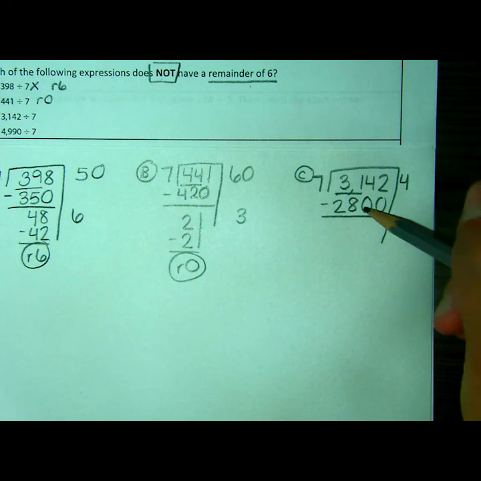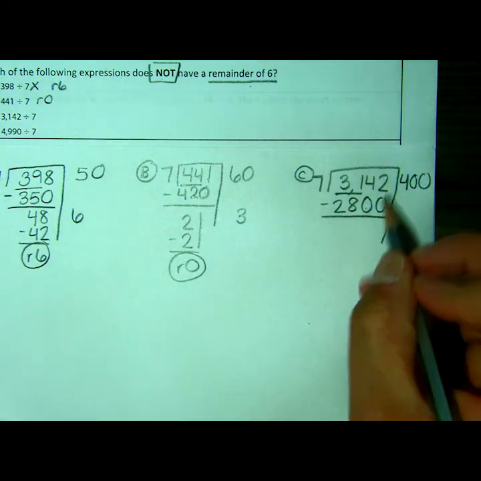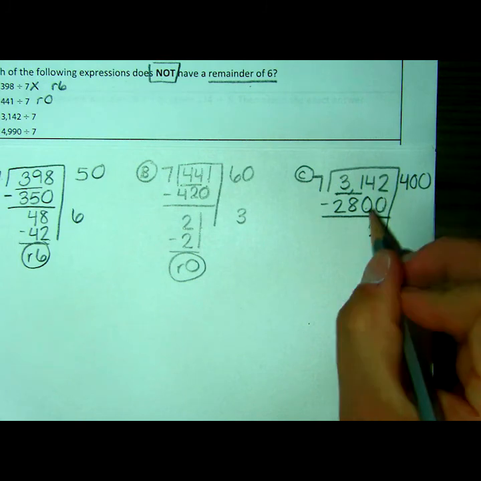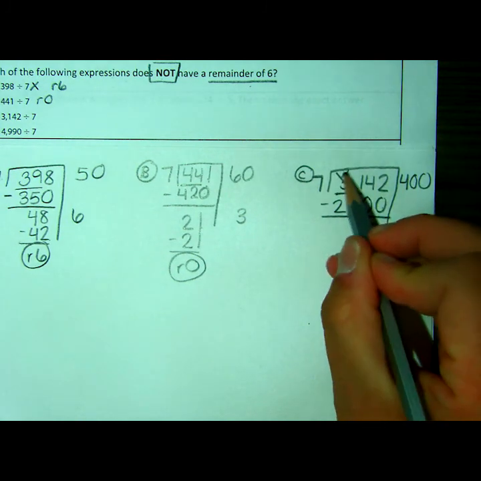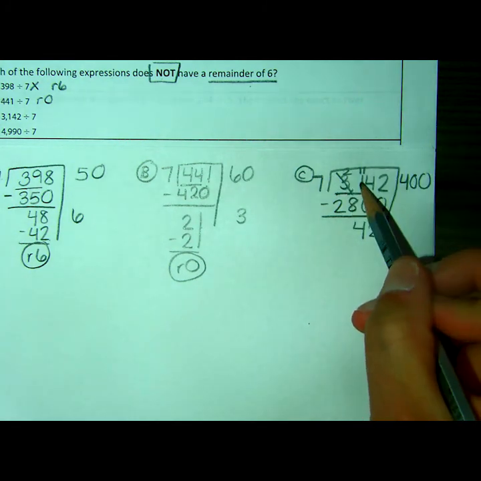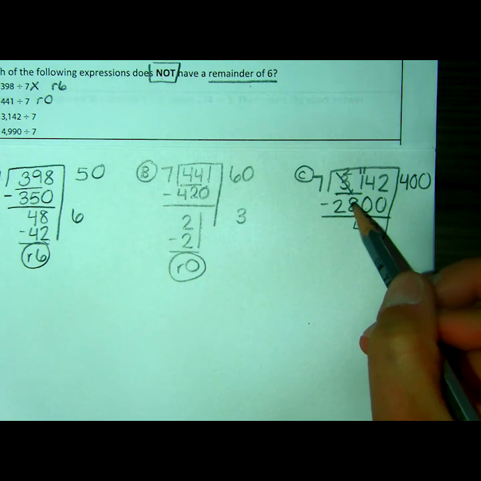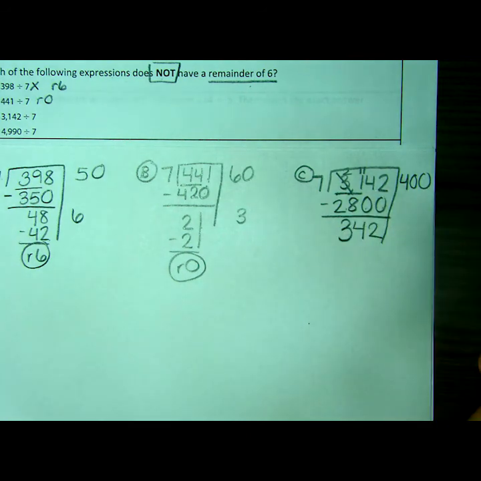And now because I added 2 here, I'm going to add 2 right here. Now I can subtract. 2 minus 0 is 2, 4 minus 0 is 4. I can't take 8 away from 1, so I'm going to have to borrow. So this now becomes a 2, this changes to an 11. 11 take away 8, 8, 9, 10, 11, I can count up, 342.